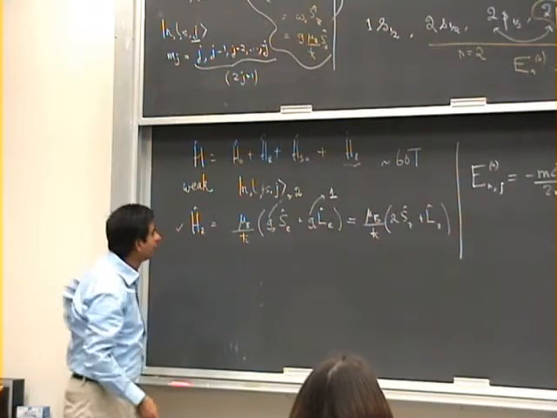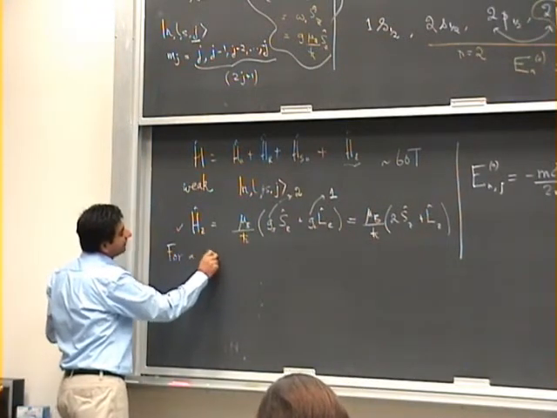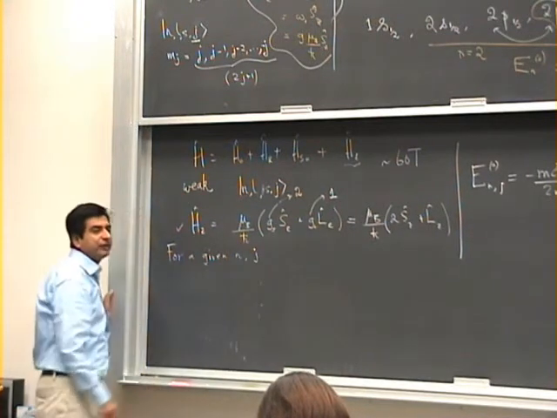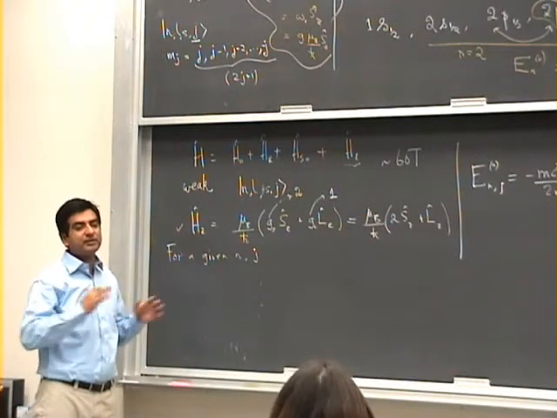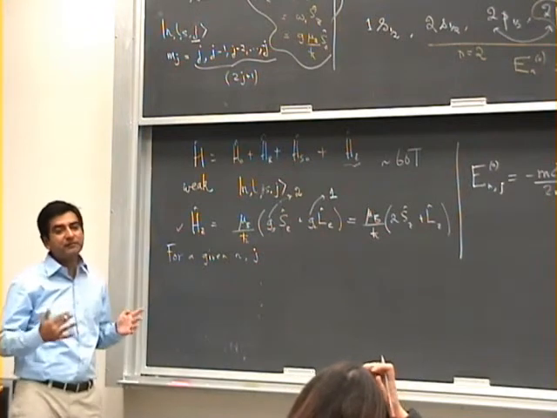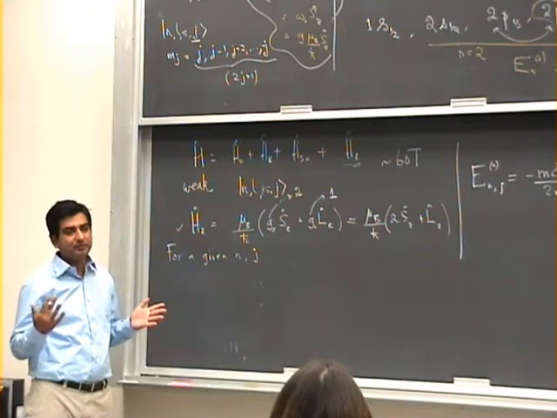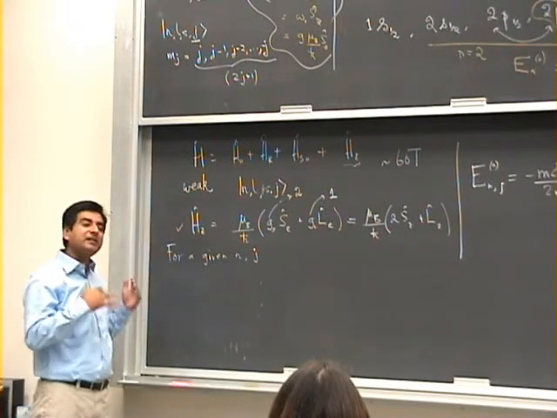Okay. So for a given value of n and a given value of j, there is a subspace that is formed, which is of a certain dimensionality. That subspace is 2j plus 1 dimensional if we ignore the spin. So we have to write this Hamiltonian in that subspace.